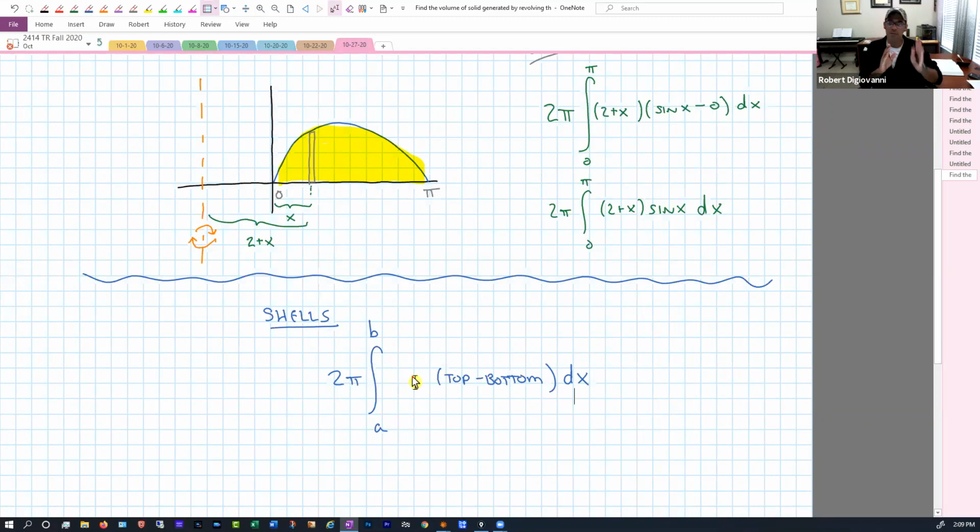It's the distance from the axis of rotation to the rectangle. So I'm going to call this r subscript x. And that r sub x is always the distance from the axis of rotation to the rectangle.